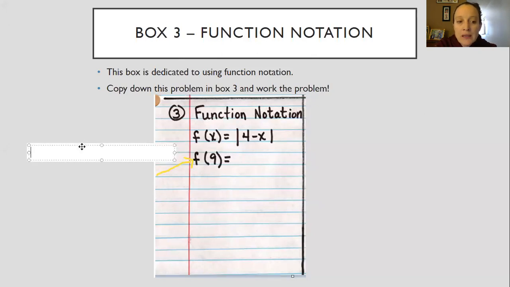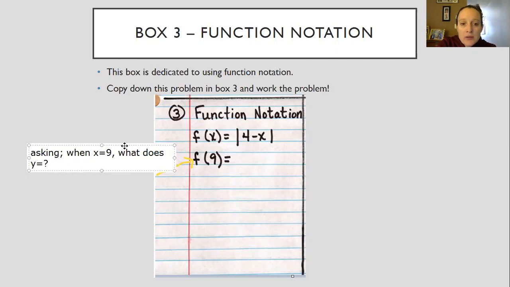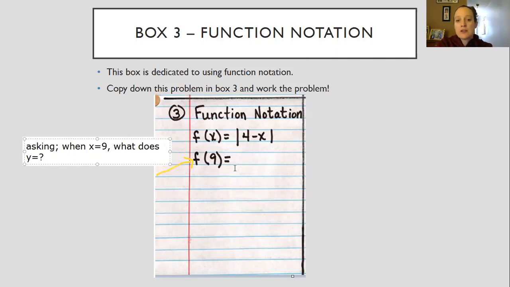Well, it means, okay, this is what it's asking. When x equals 9, what does y equal? So that whole f of 9 translates to x equals 9, what does y equal? Notice it's a mathematician's way of making it easy to understand without having to write out a bunch of words. But f of 9 can look confusing because we're not used to it, but that's all it means.